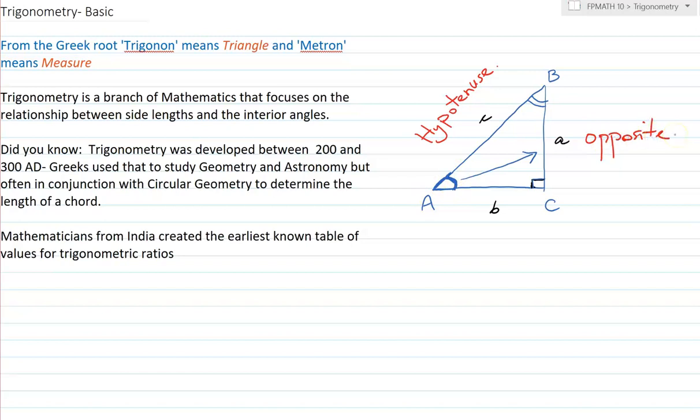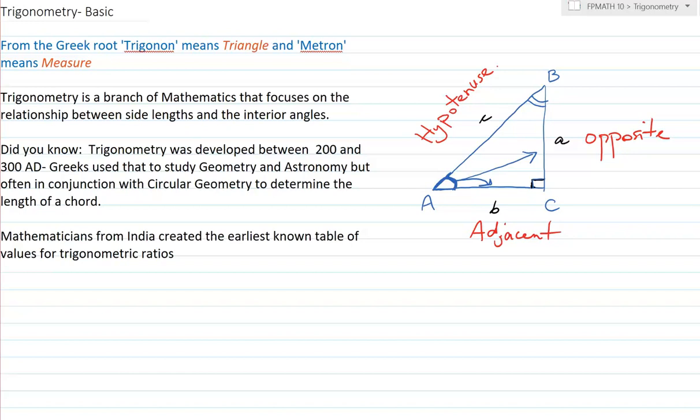Next, the side that is beside angle A, that's a funny thing to say, so the side AC, or the side small letter b, is called the adjacent side.